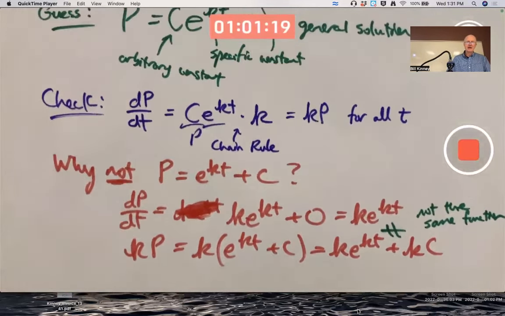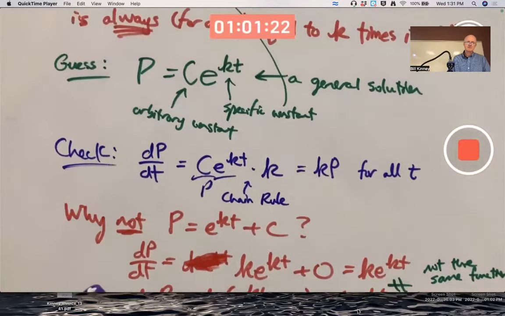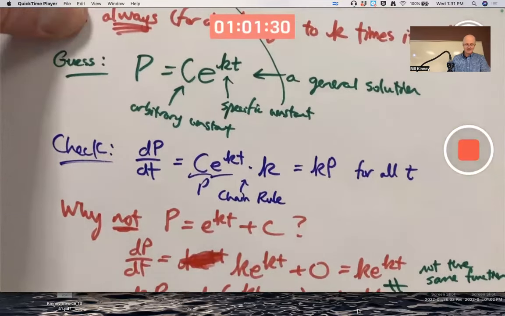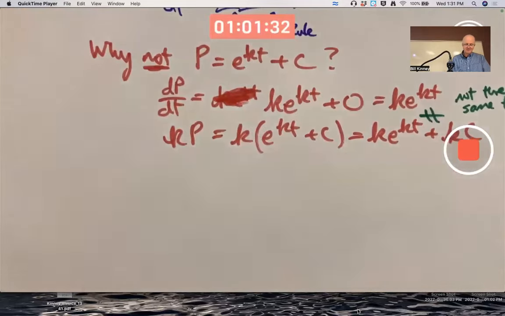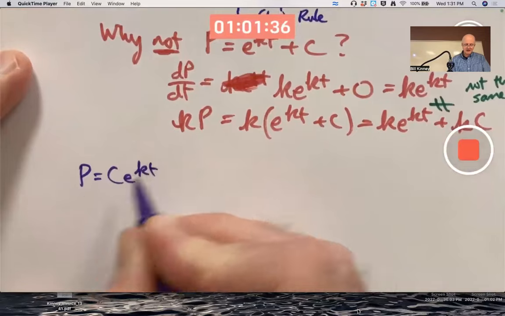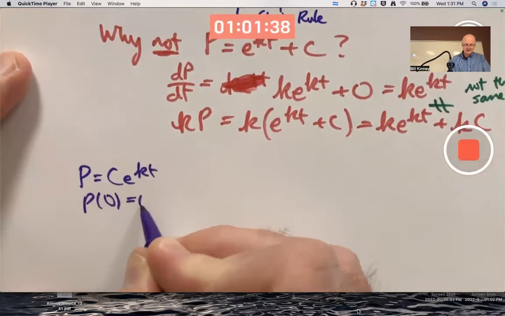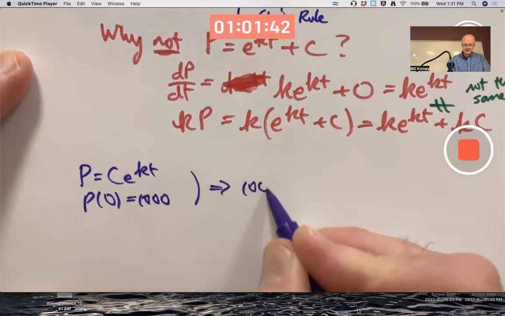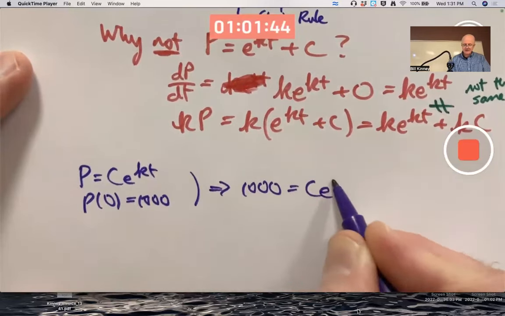Go back to the actual answer. How do we use this? You need an initial condition, like an initial population. If p is c times e to the kt and the initial population is 1,000, that will imply that 1,000 equals c times e to the 0.